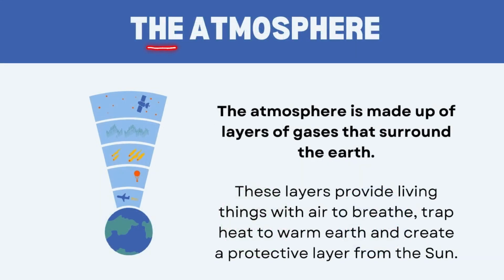Now let's see what the atmosphere is. The atmosphere is made up of layers of gases that surround the Earth. These layers provide living things with air to breathe. They also trap heat and regulate the temperature of the Earth, and they create a protective layer so that the harmful radiations coming from the sun cannot destroy the living organisms or materials on the Earth.